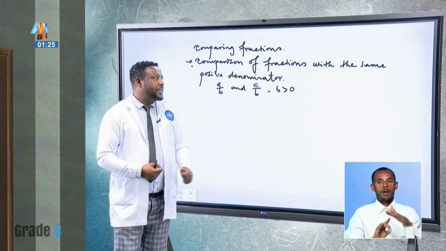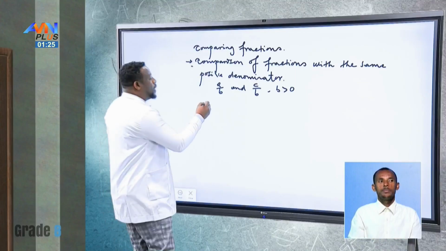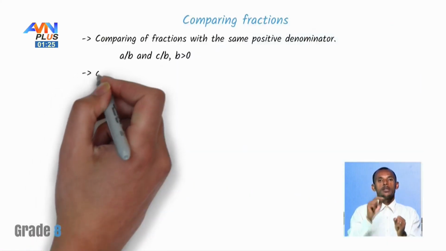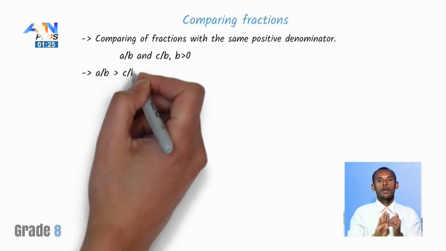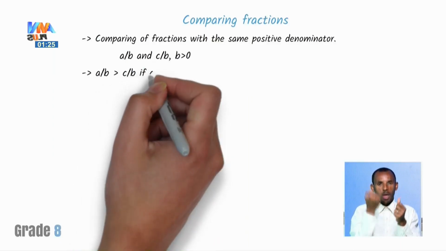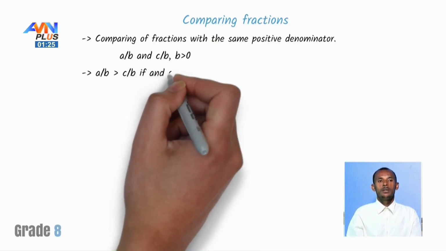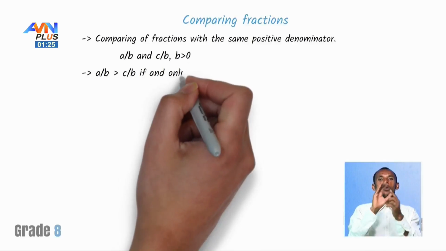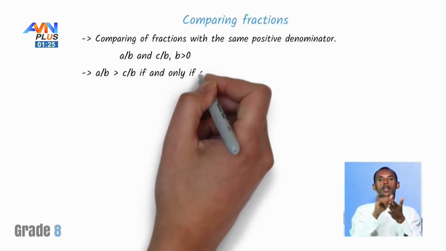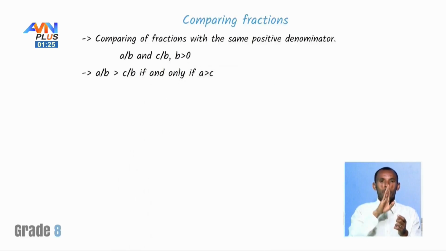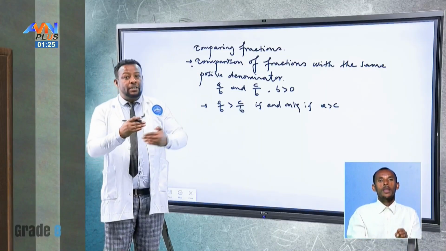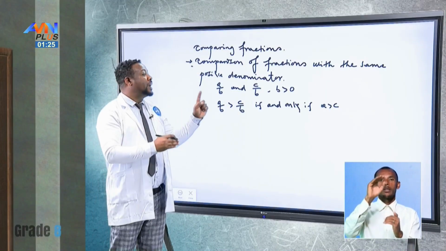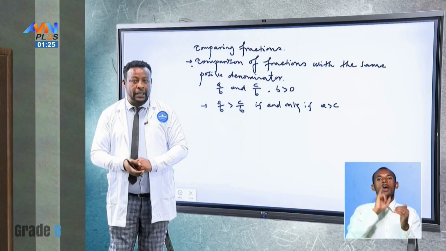In this case, we can say that a over b is greater than c over b if and only if this condition happens. That condition is a should be bigger than c, okay? So a over b is bigger than c over b whenever a is greater than c.